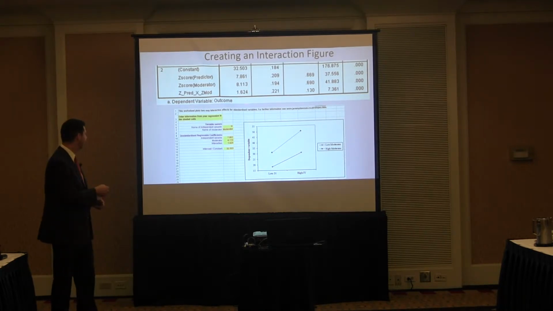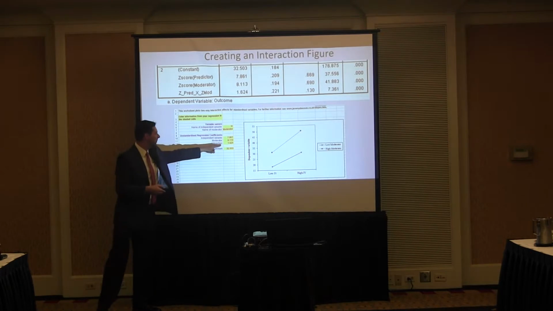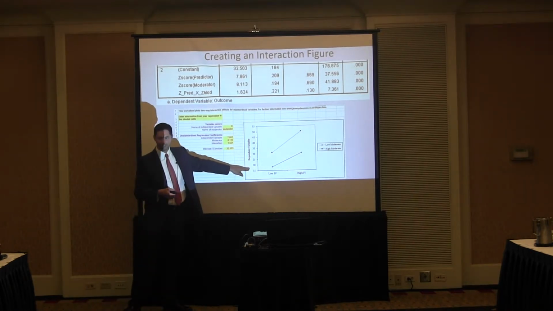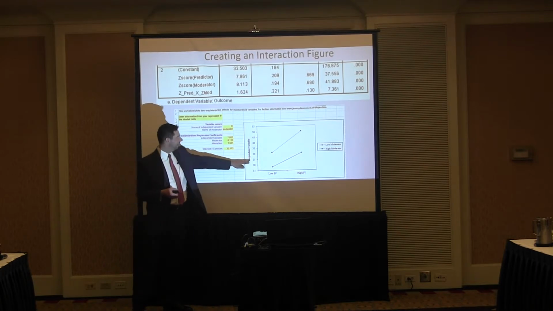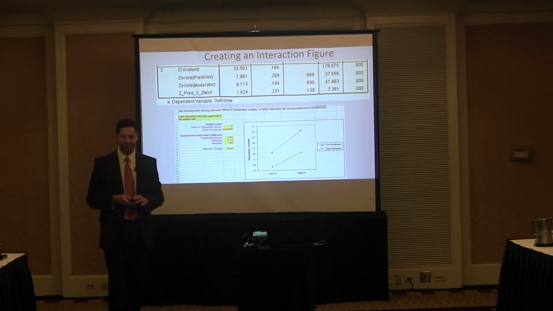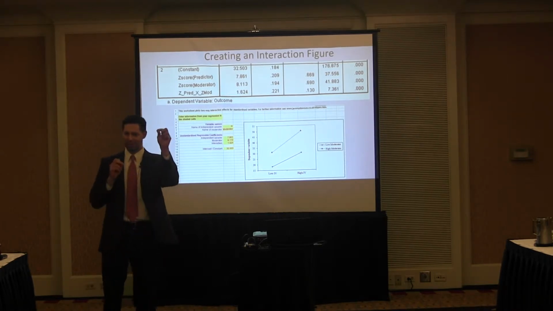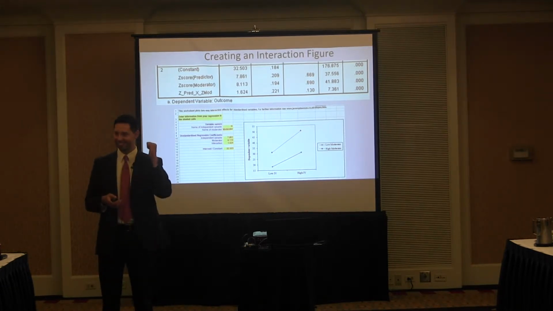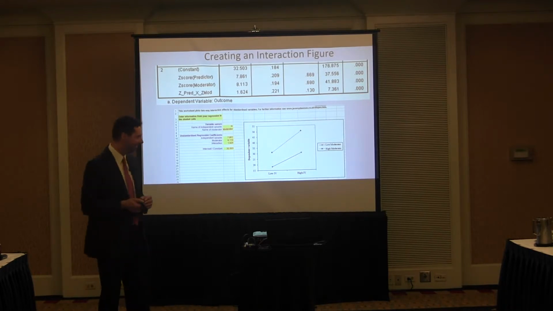And our interaction term here, our beta for the interaction term we'll put here. I think yours actually is on a scale of 1 to 5. If you wanted to right-click or left-click here within this figure, where the numbers are, you can change your axis to be, instead of the lower bounds and upper bound being 1 and 5, you can change it to 15 and 55, and you'll get something that looks like that.